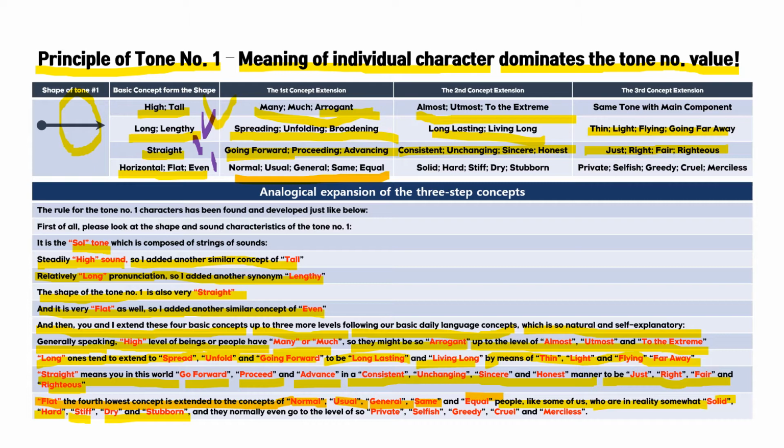If you are so normal in your mind, you might be in trouble because you may go into the solid, hard, stiff, dry, and stubborn state. And they normally even go to the level of so private, selfish, greedy, even cruel and merciless.